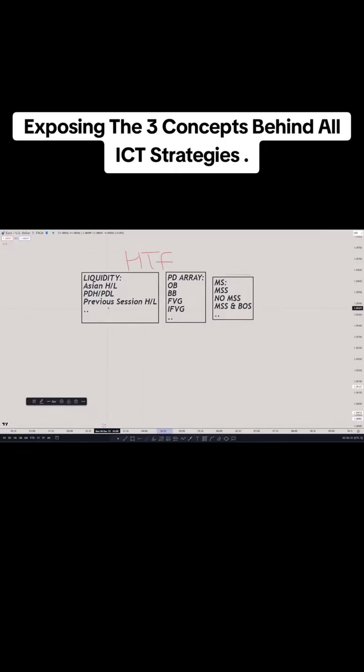So let's say that now I want to trade the Asian high and low, and that's on the London kill zone. So with a breaker block, and I want to see a market shift, because breaker block is always aligned with, not always, but mostly with a market shift. So that's one of the plans. Or I want to trade a previous session high and low with an inverse fair value gap, and I don't want a market shift.